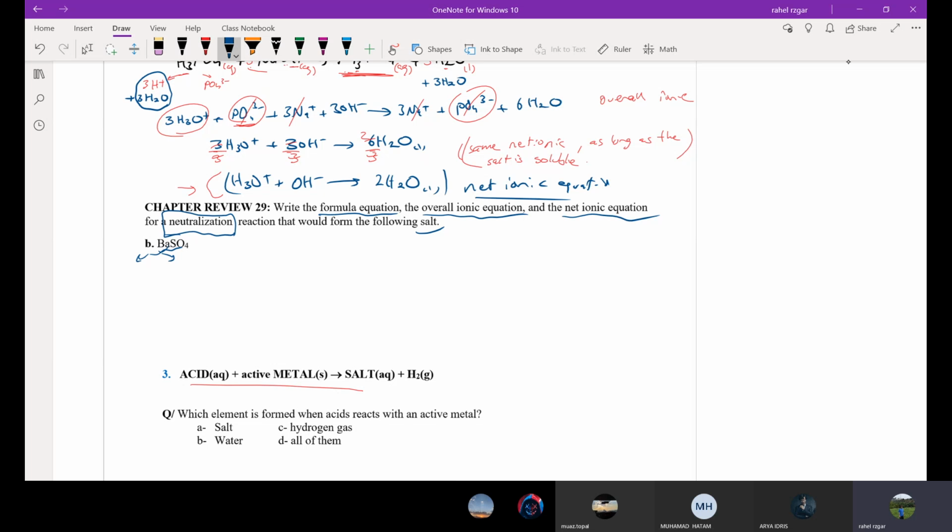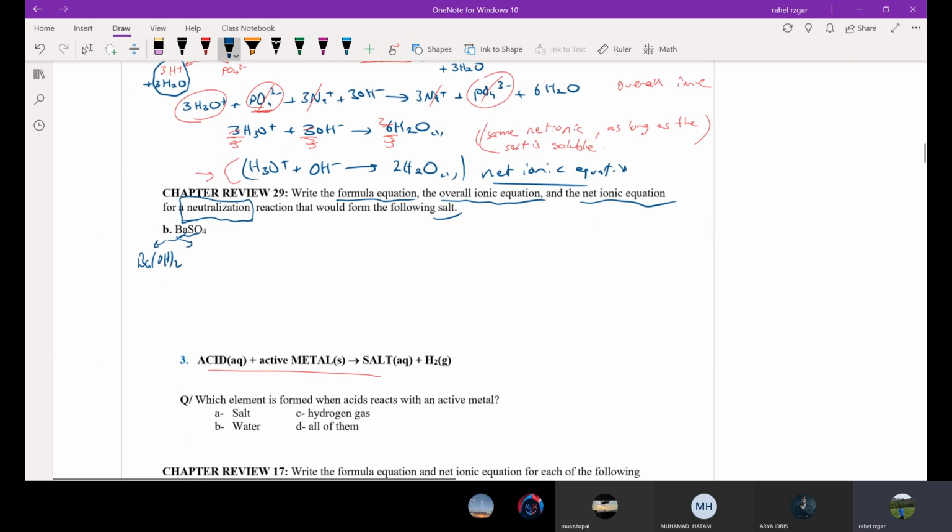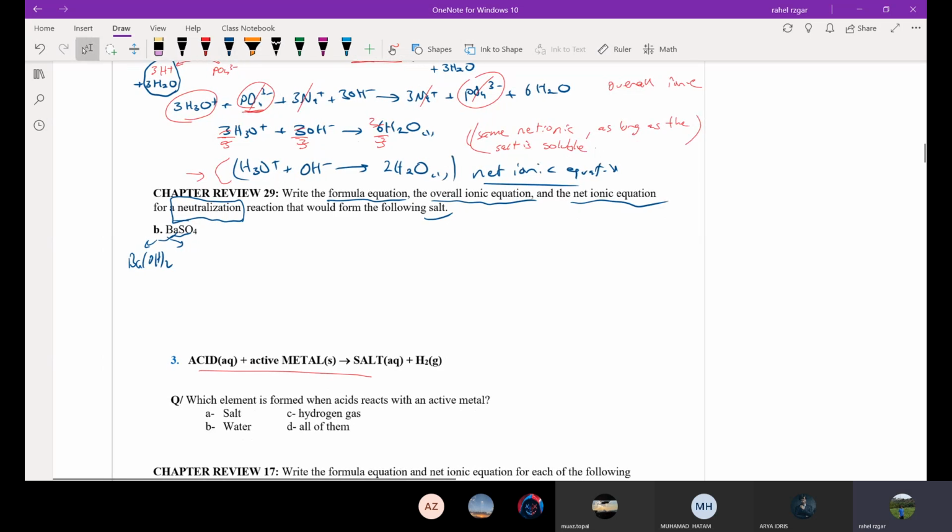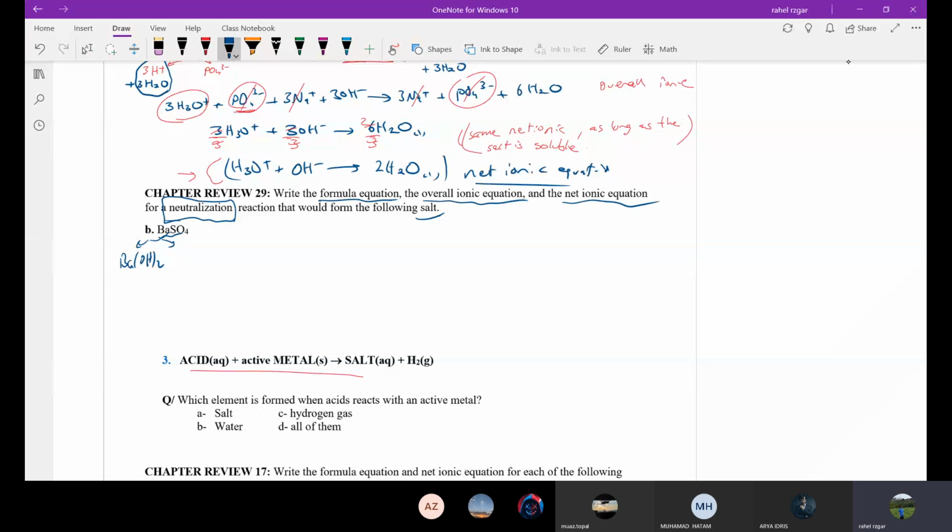What is the cation of a base? Ba. So if it comes from a base, it must be Ba(OH)2. SO4 comes from an acid, so it comes from H2SO4. So the neutralization is between barium hydroxide and H2SO4.